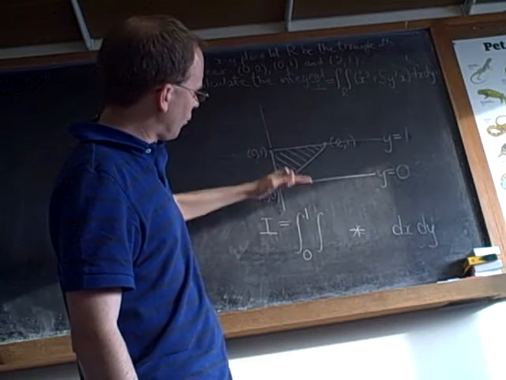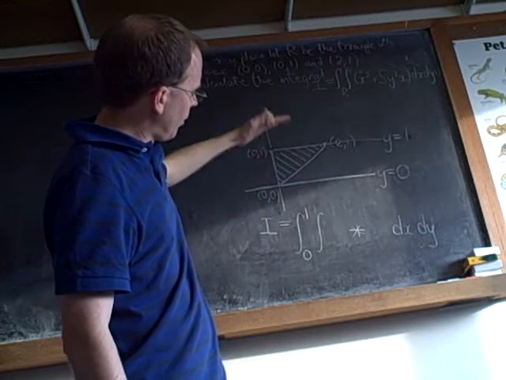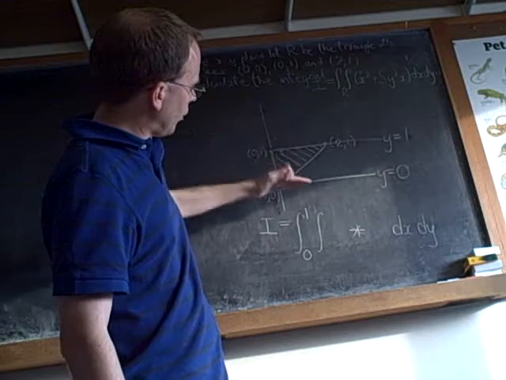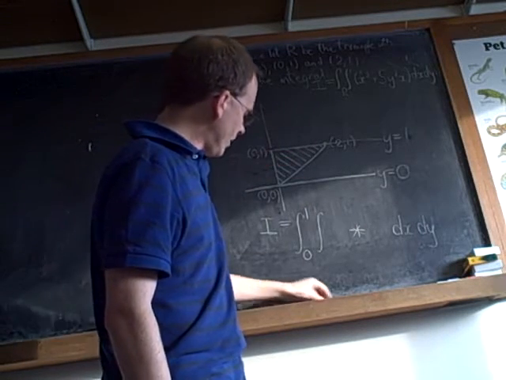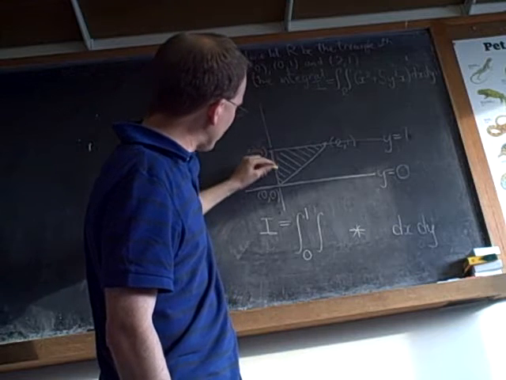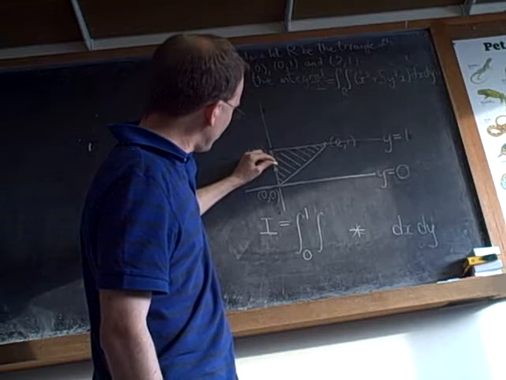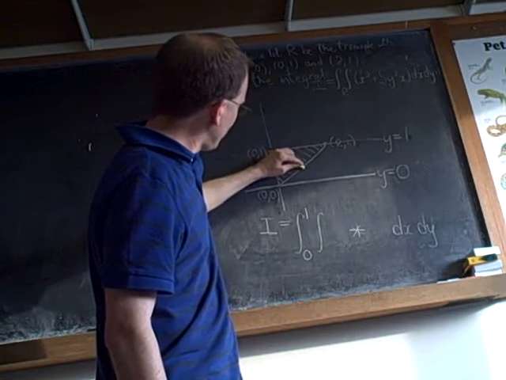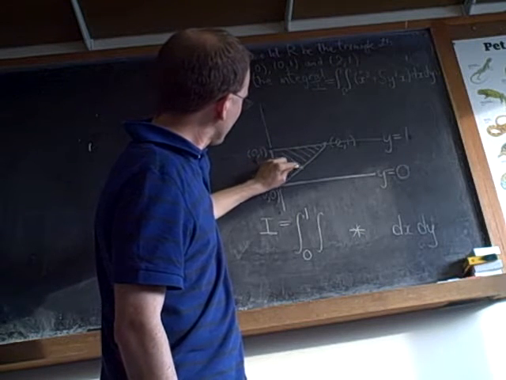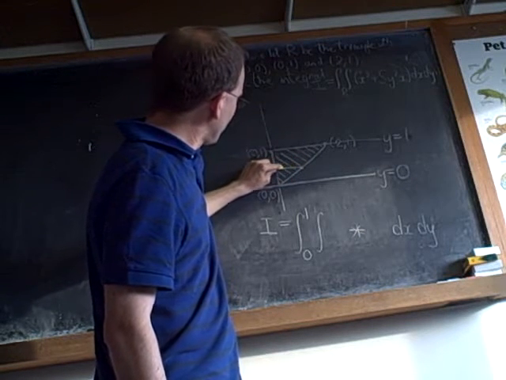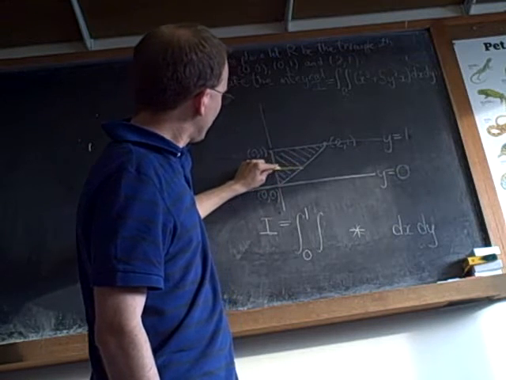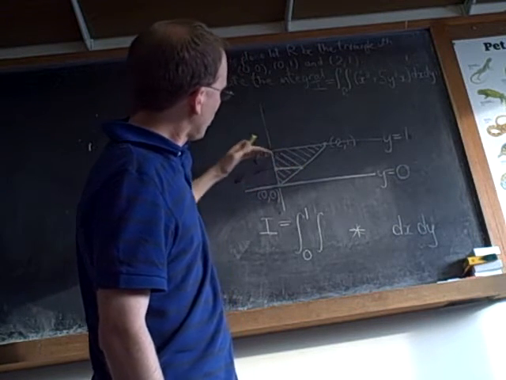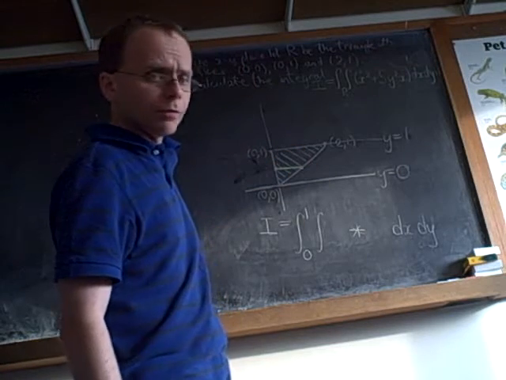So y going from 0 to 1, that's how we sweep through the whole solid. Now if we slice it along the way, stopping at a particular y value, now it doesn't matter exactly at what level I draw this, let's say we stop at this y level, then that slice of the solid is the bit above this line on the base, on the region of integration.